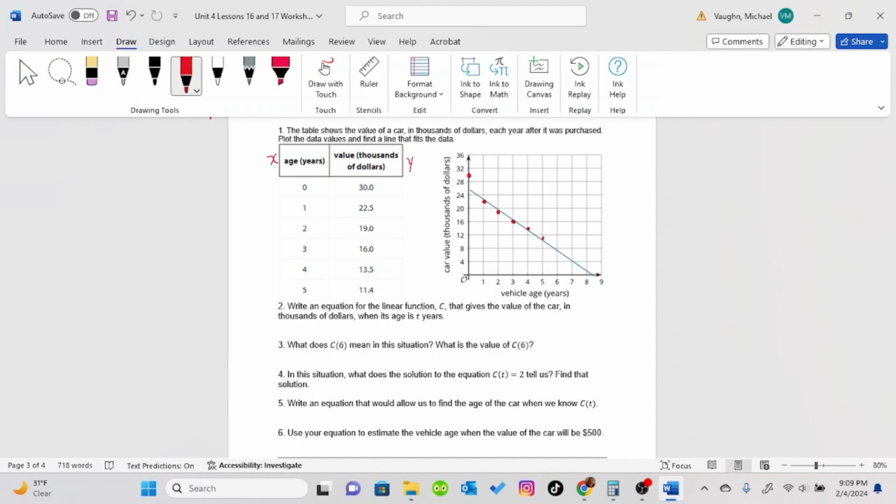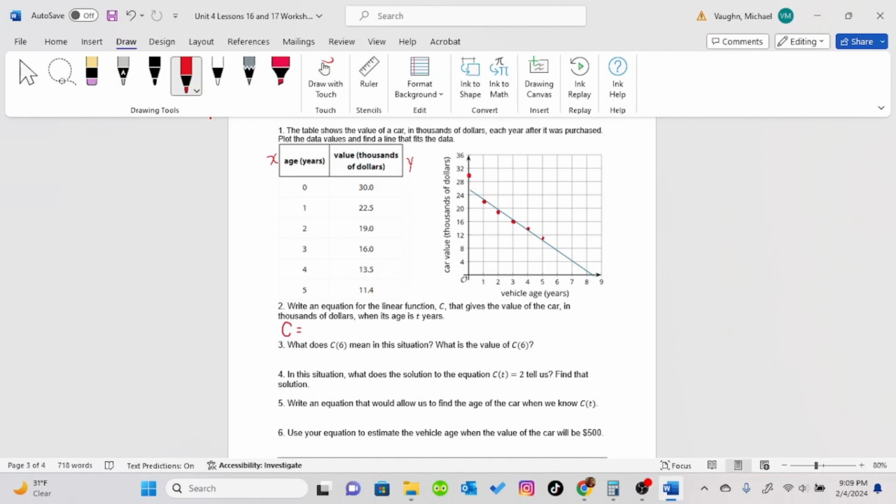Number 2, write an equation for the linear function c that gives the value of the car in thousands of dollars when its age is t. So we could do this in slope-intercept form. We know we're calling this function c. That equals our slope.